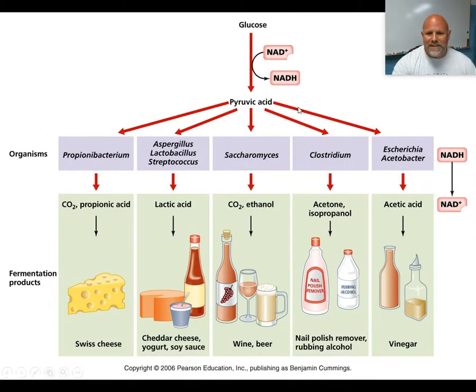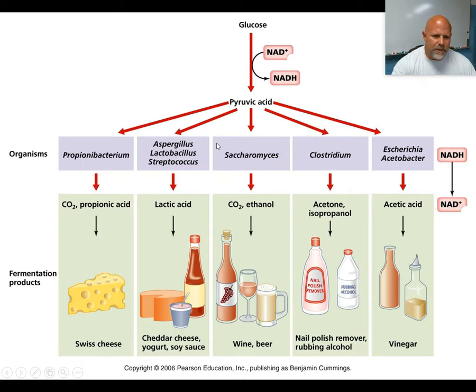These are just some examples of glycolysis taking place under different circumstances, and different types of fermentation that we see. All of these fermenting processes use different types of bacteria or different organisms.